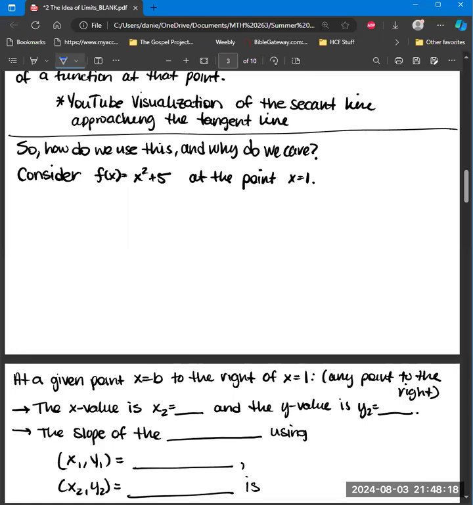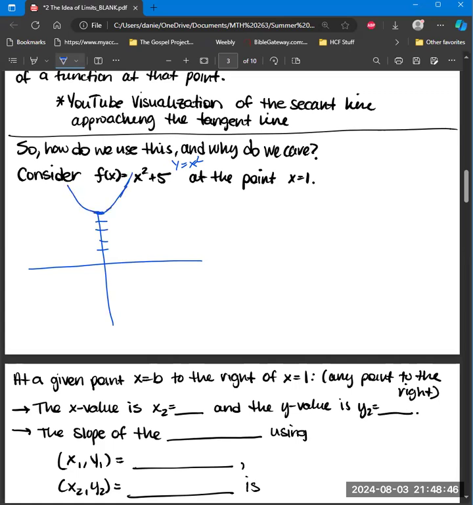So let's go ahead and look at how we do this and why do we care. Consider f of x is equal to x squared plus 5, based off of the parent function y equals x squared, right? At the point x is equal to 1. So I'm going to go 1, 2, 3, 4, 5, and it's quadratic.